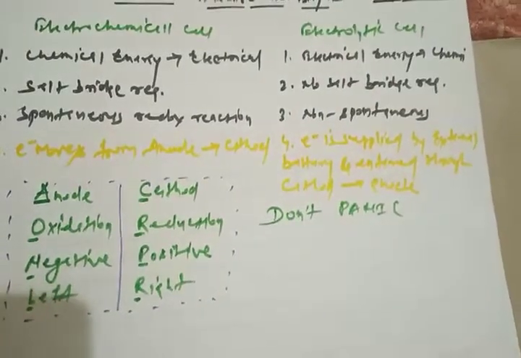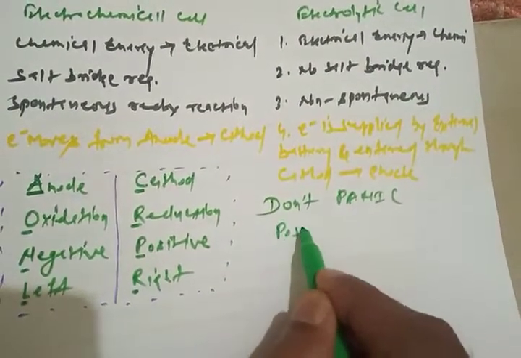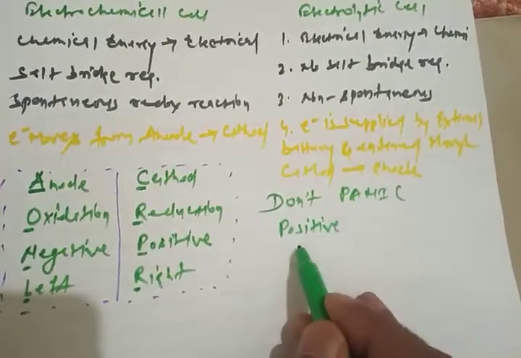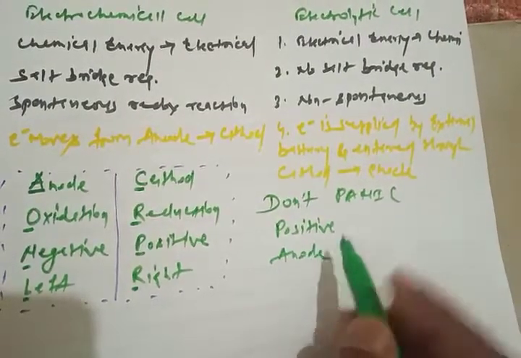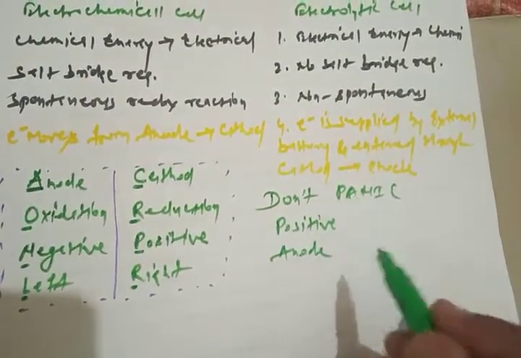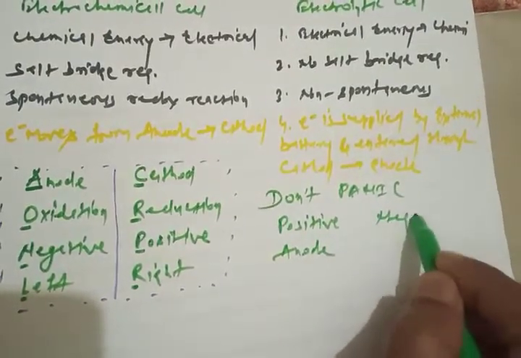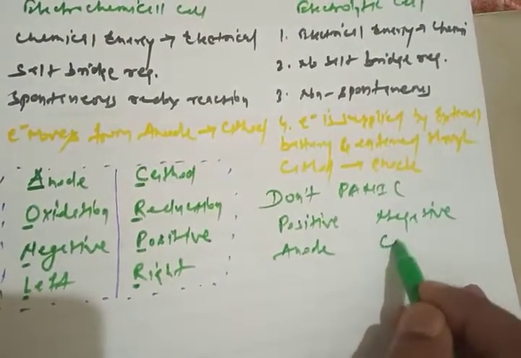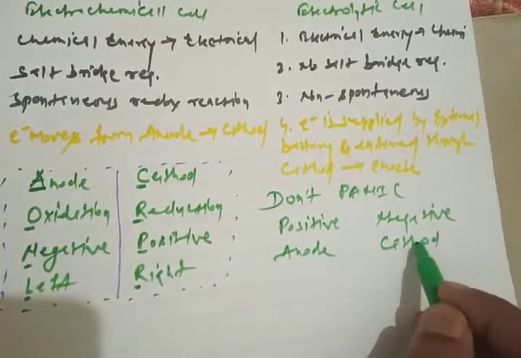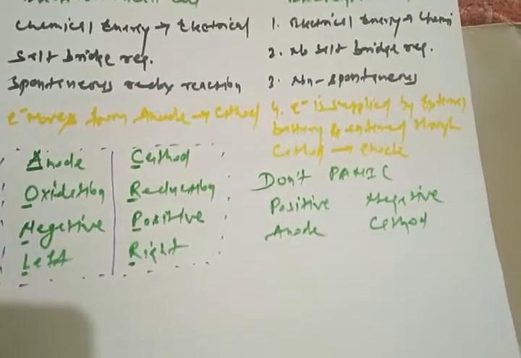Positive anode, P for positive, A for anode, negative cathode.